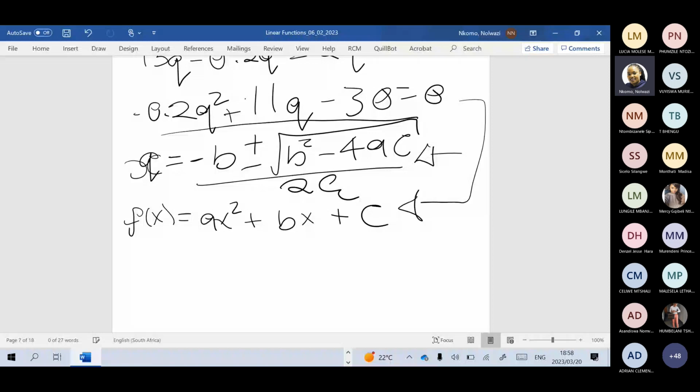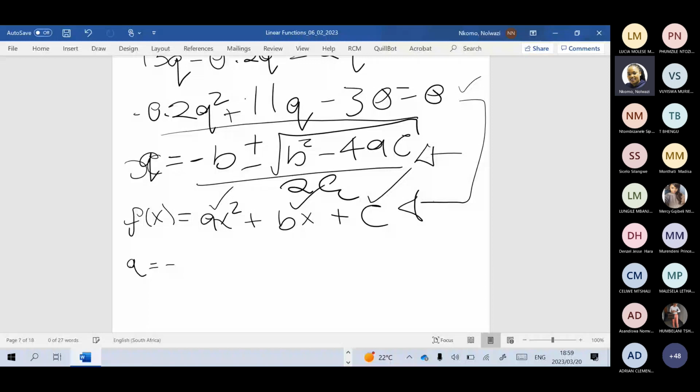So this means this is a quadratic equation, right? So compare these two equations to find A, B, C, and substitute them back here. If we compare these two equations, you can see that A is equal to minus 0.2, B is equal to 11, C is equal to minus 30, right?